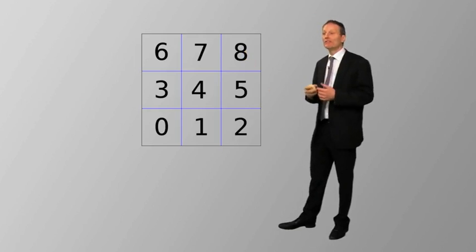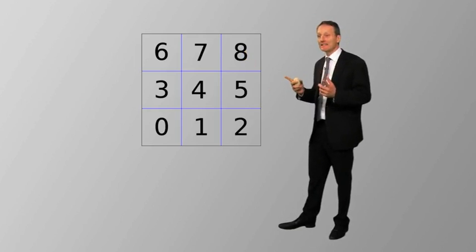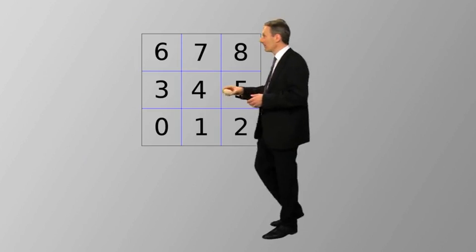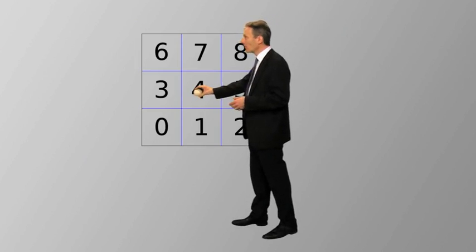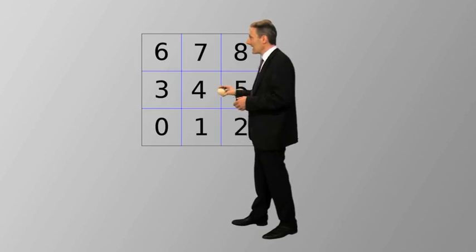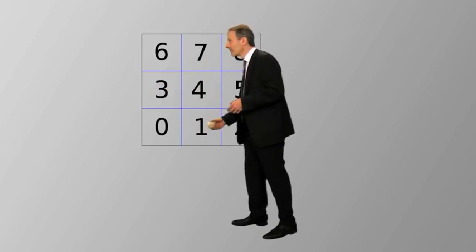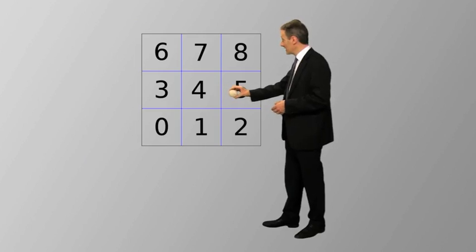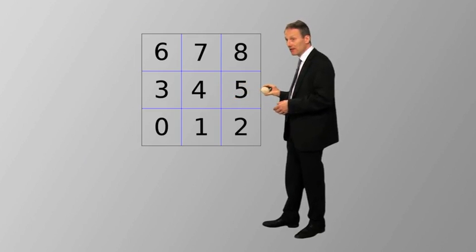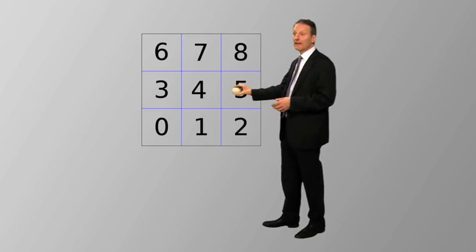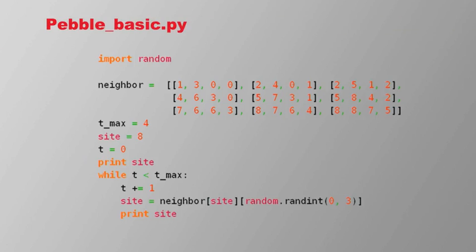The Markov chain Monte Carlo algorithm, as discussed in lecture 1, consists in moving the pebble with probability 1/4 to the right and to the left, up and down. When a move is not possible, it is rejected, and the pebble remains on the same position for the next iteration. In Python, this gives the following program.